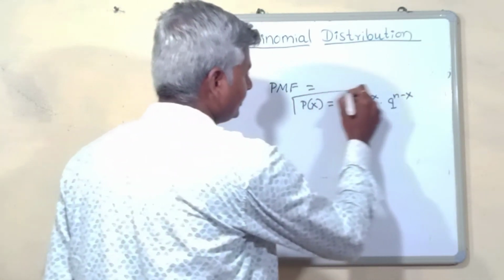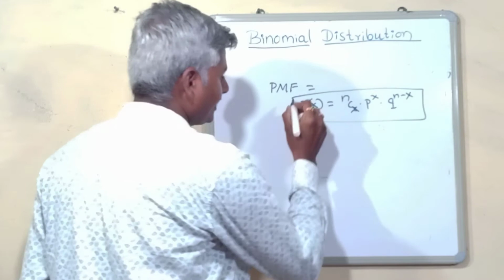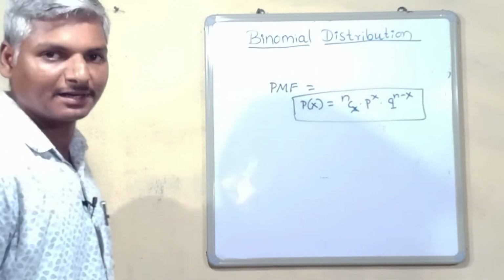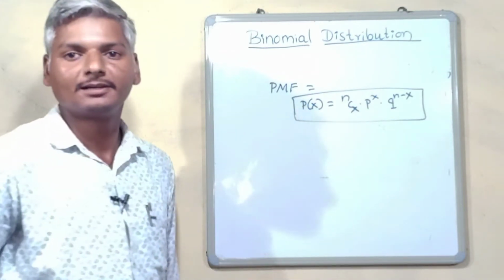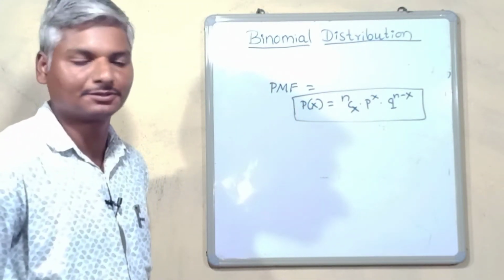So this is the probability mass function of binomial distribution, and this is the formula to calculate the binomial distribution.